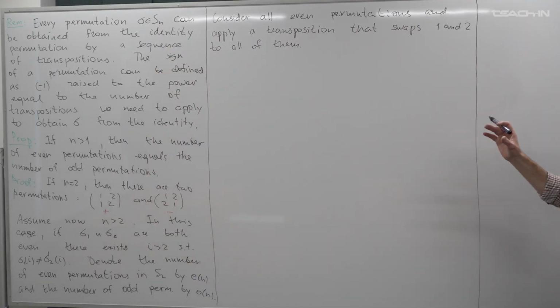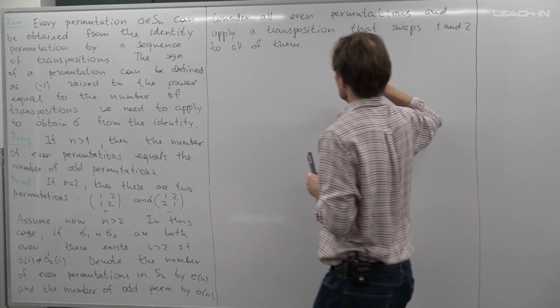So we take an even permutation and we swap the first two elements.